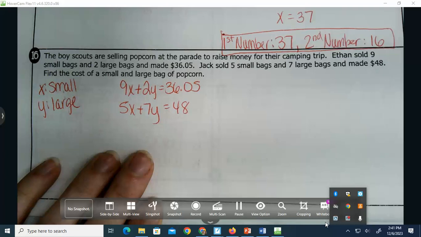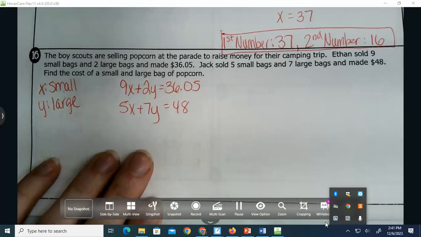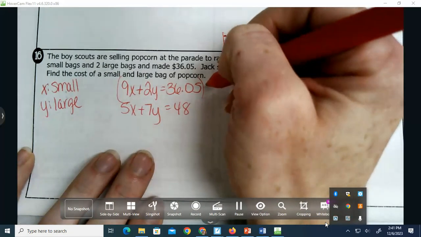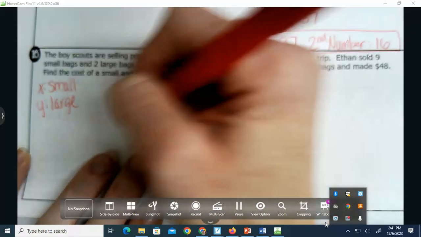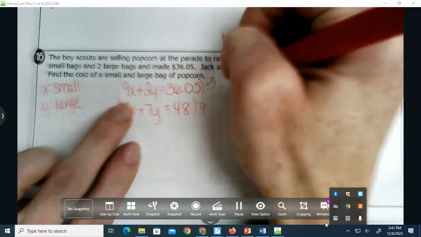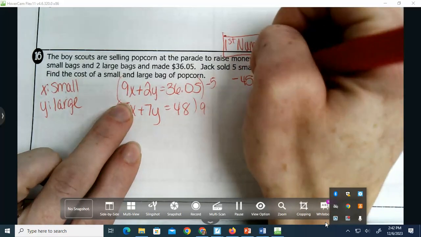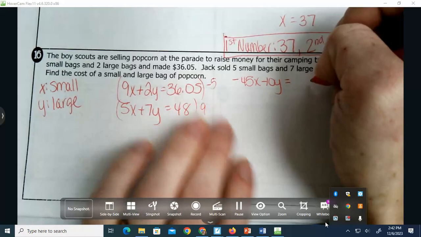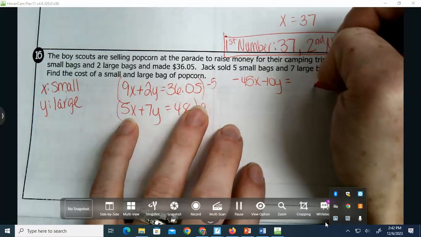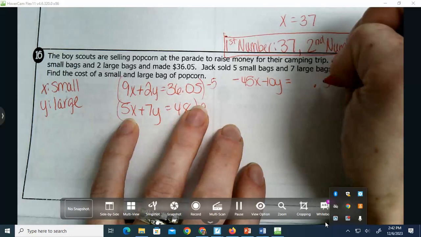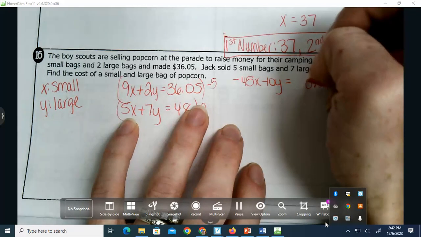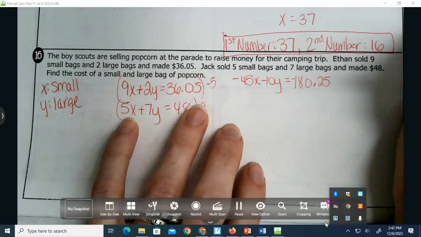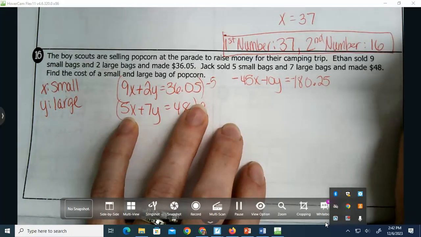So then let's say I wanted to eliminate, I don't care. What do you want to get rid of? X. So you take the first one times -5, second one times 9. Okay, let's see if we multiply this. -180.25, is that right?